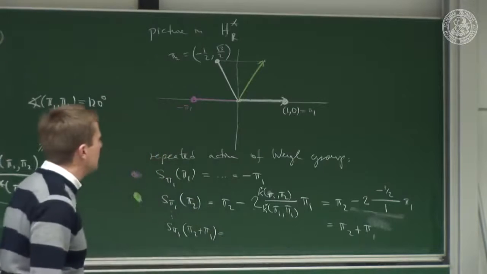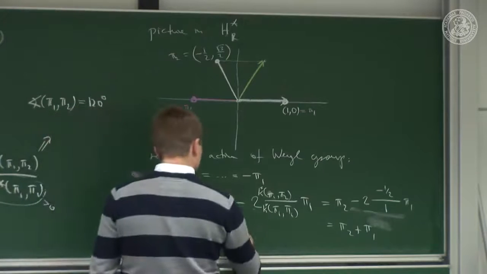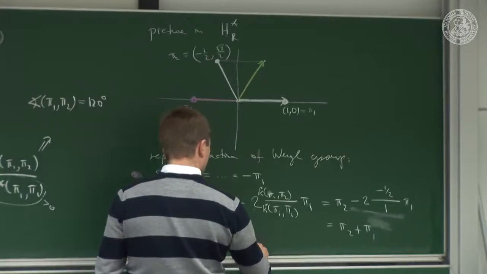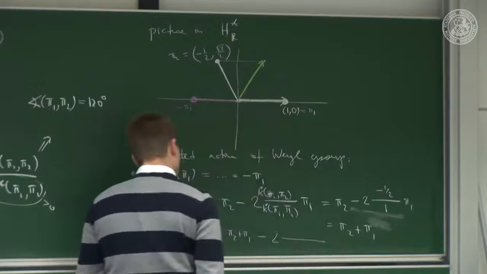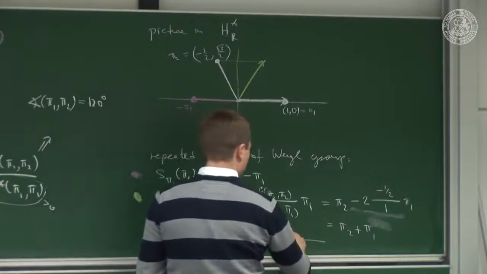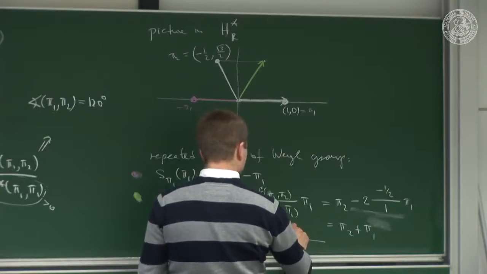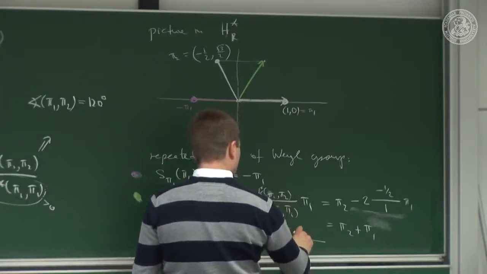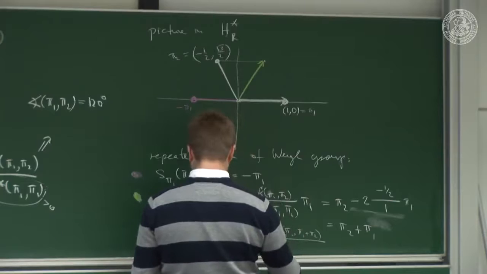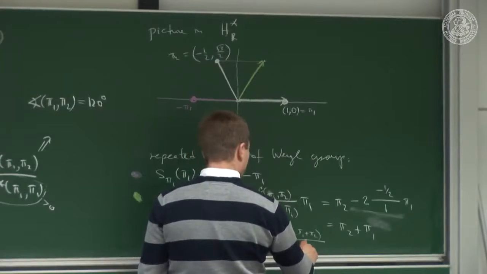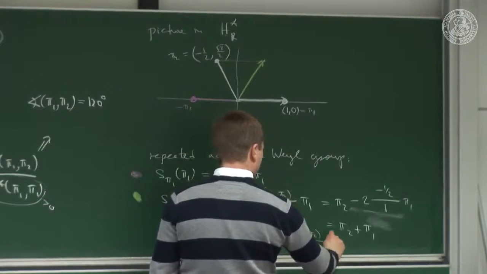You can calculate what you get. So this is pi2 plus pi1 minus 2 times (pi1, pi1 plus pi2) divided by (pi1, pi1).